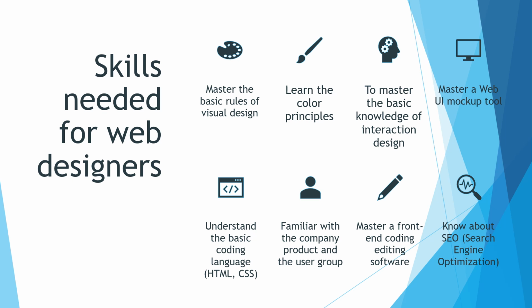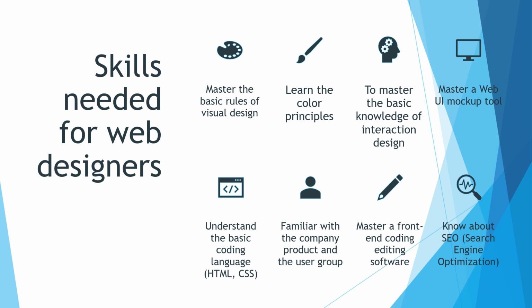Another one is to, of course, be familiar with the company's products and the user group. That's understanding their branding and things like that, so that you can carry that on into your web design. Mastering a front end coding editing software. Now, even though, like I said, it's not your primary focus, if you understand how to do that front end coding, it's going to make you a more valuable web designer.